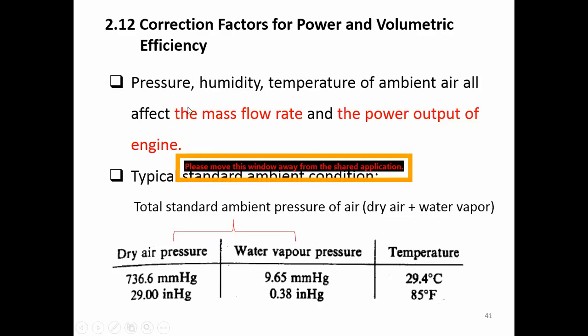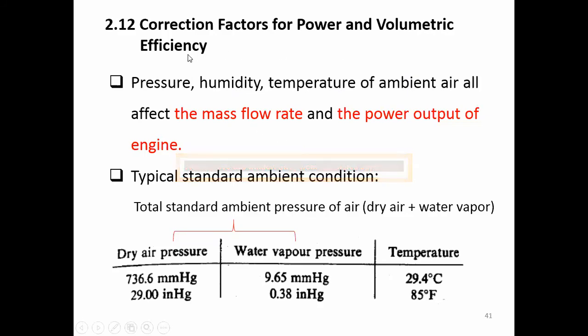Like they said right here, pressure, humidity, and temperature of the ambient air all affect the mass flow rate and the power output. If it affects the mass flow rate, it affects the volumetric efficiency according to the definitions, and it affects the power output of the engine, which is the power here.